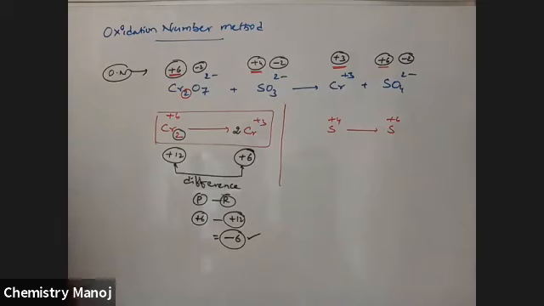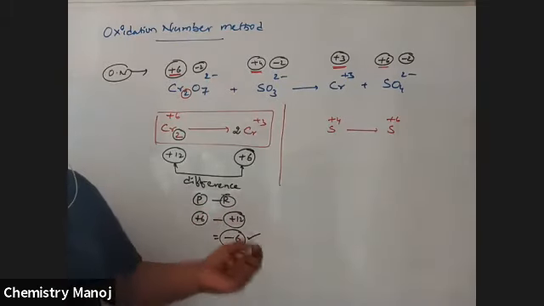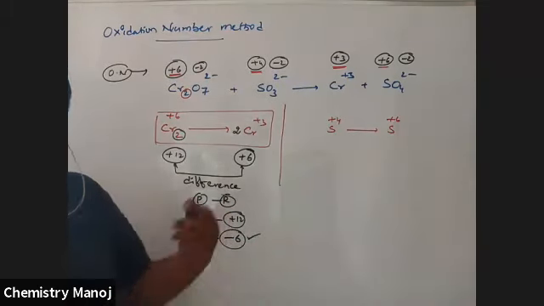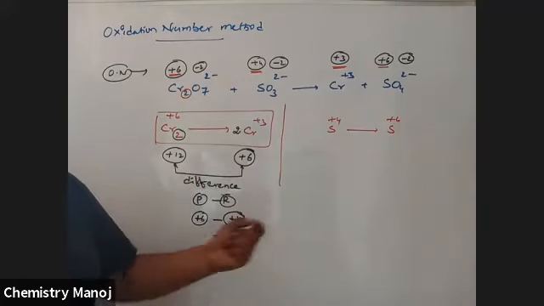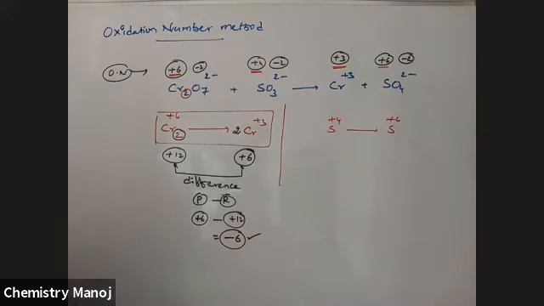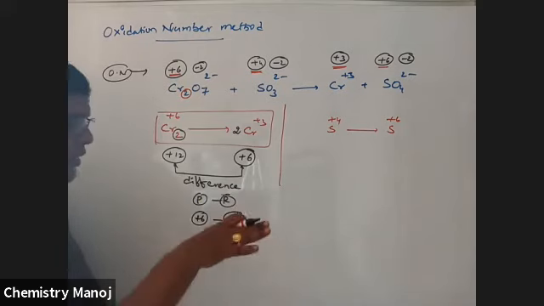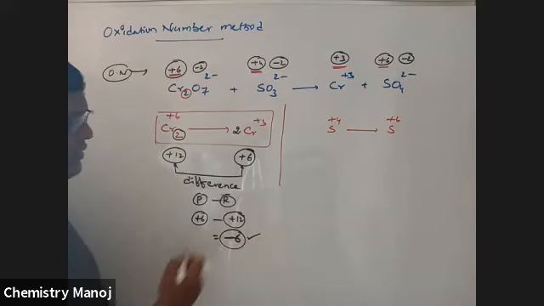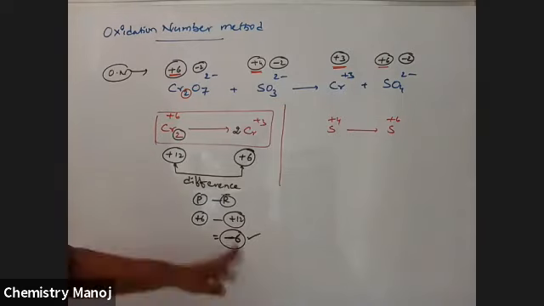Always product minus reactant, wherever you want a difference. 6 minus 12 is -6. Minus indicates decrease. How much value is decreased? 6 is the decreased value.